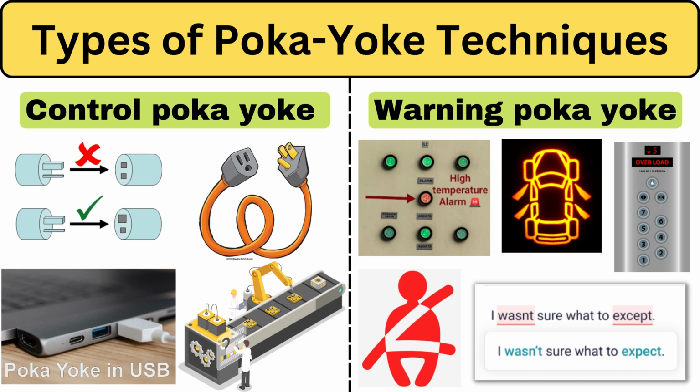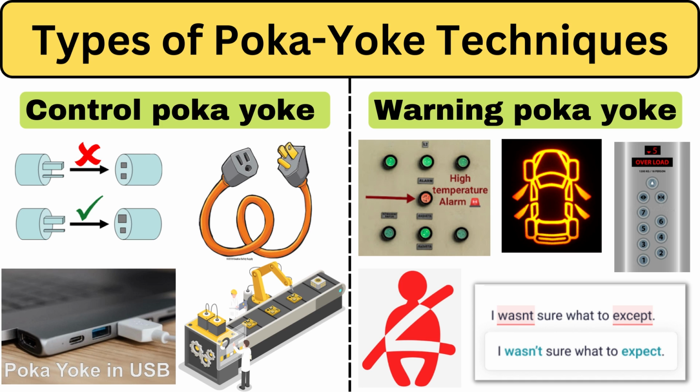The second one is the warning Poka Yoke. The warning Poka Yoke comes after the control Poka Yoke, because if the error occurs, the error becomes obvious or should be detectable. In warning Poka Yoke, products or processes are set up in such a way that the user can detect the mistake. You can take the example of a car.